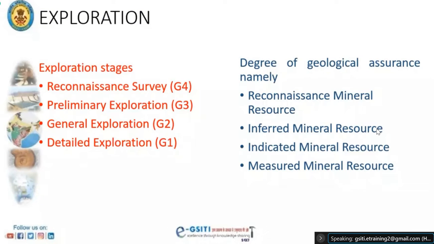The following slides are a little comprehensive, which deal with the different exploration stages and how they are being carried out: recognition, preliminary, general, and detailed. So we will take this in detail, and we'll conclude the session.